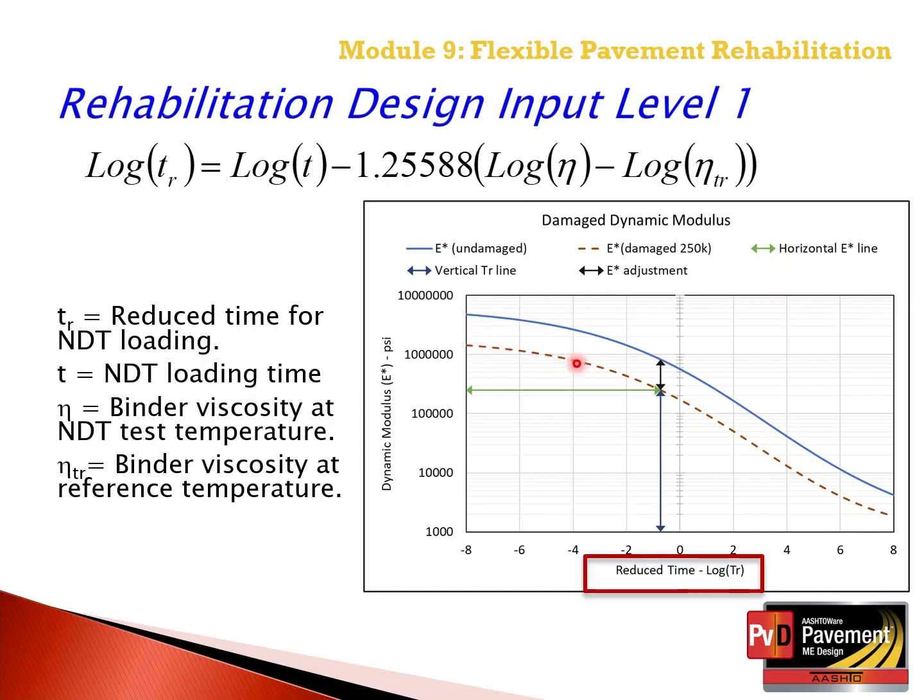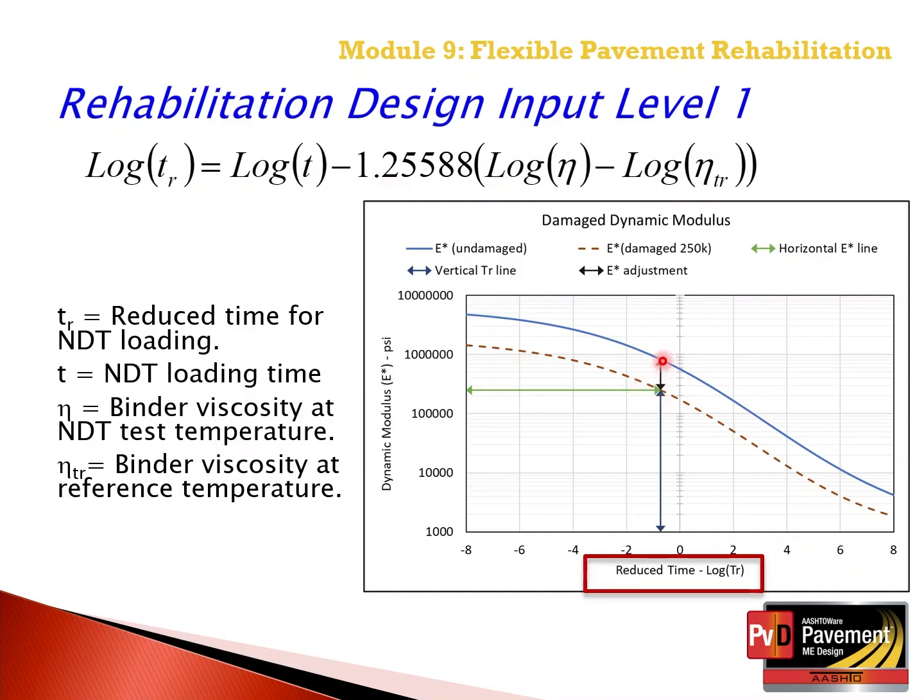The dashed red line represents the back calculated damaged dynamic modulus master curve. So basically the difference between the undamaged and damaged, either at one reduced time and dynamic modulus from back calculation, or multiple points, that average difference between the undamaged and damaged relationships defines the in-place damage of the asphalt pavement.